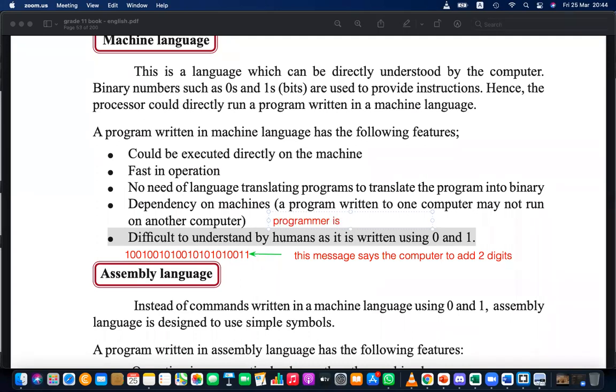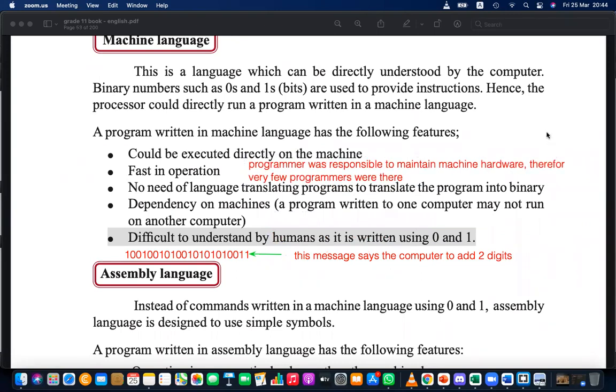The programmer was responsible for maintaining the machine hardware. Therefore, there were very few programmers. Why? People don't like to take responsibility for the machine hardware, right?